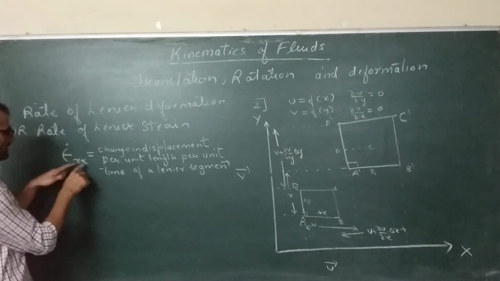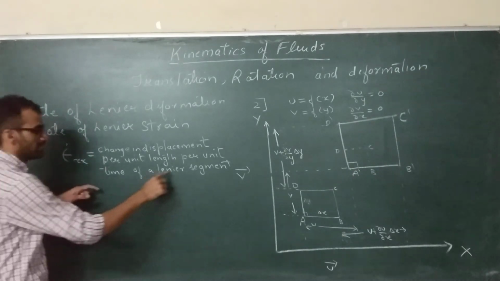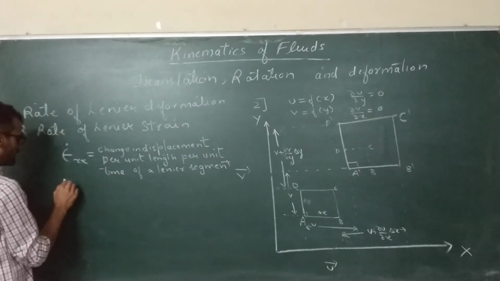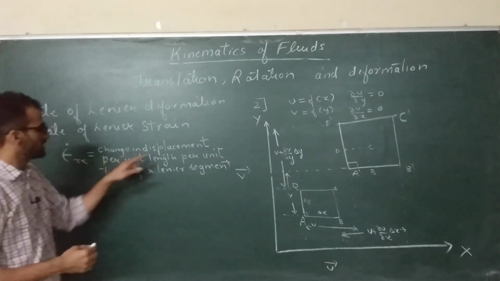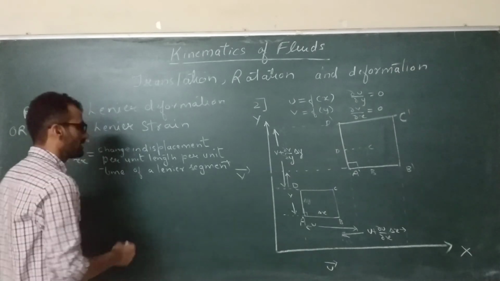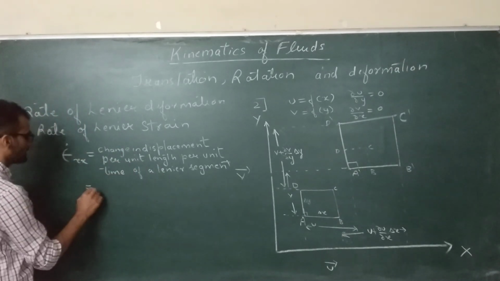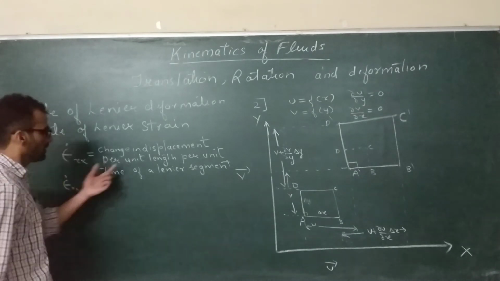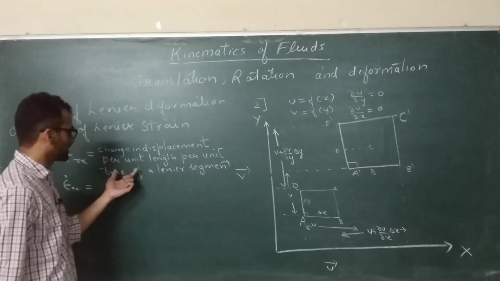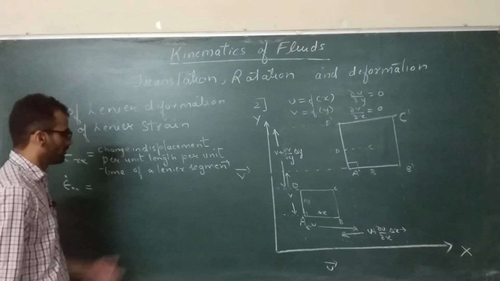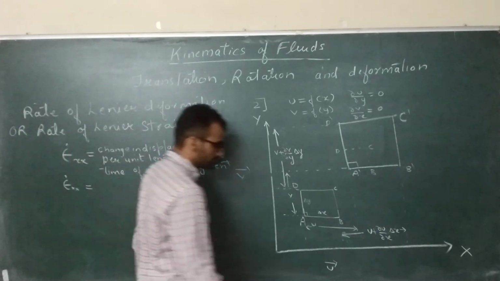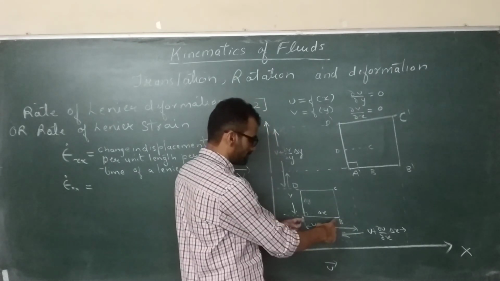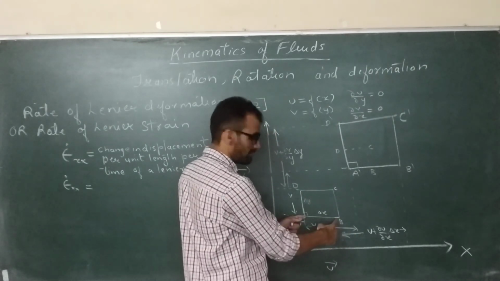Okay, so change in displacement per unit length per unit time of a linear segment. Now we want to find out in x axis, so linear segment in x axis. You can find out the change in displacement in all the three directions. So let's find out in x direction. What is the change in displacement per unit length per unit time? So the original length was AB. Let's consider x direction.